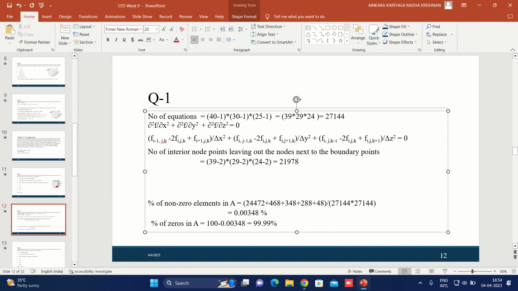So this one is 21,978 equations we would be having.